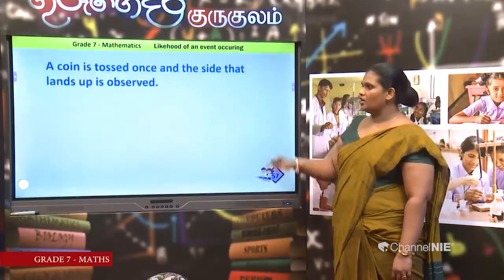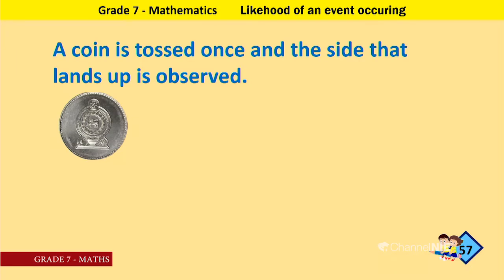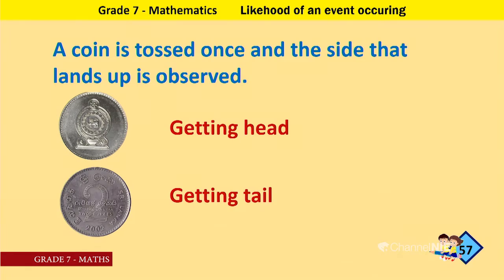So, we will go for another experiment. A coin is tossed once and the side that lands up is observed. Right. Now, as we have done in the previous experiment, you might obtain head or you might obtain tail.